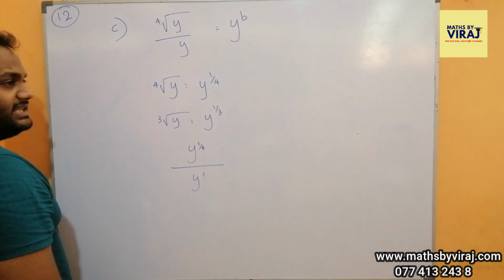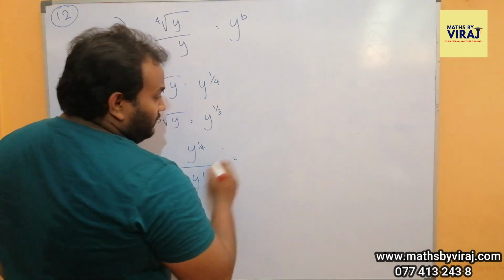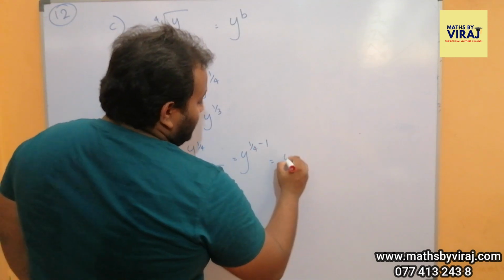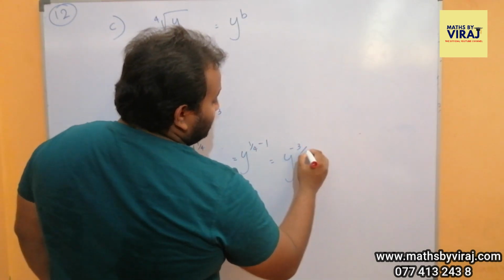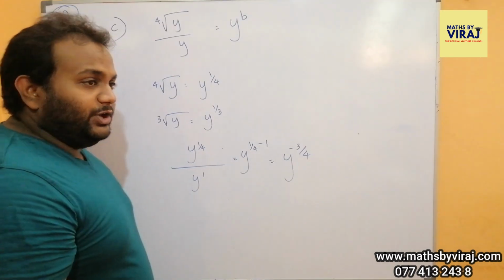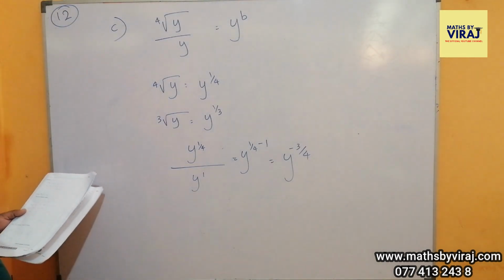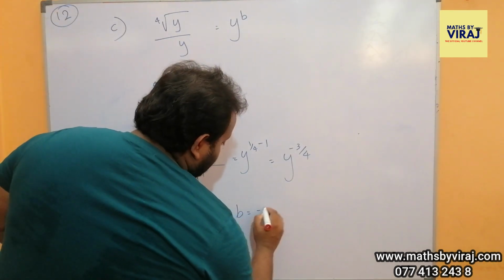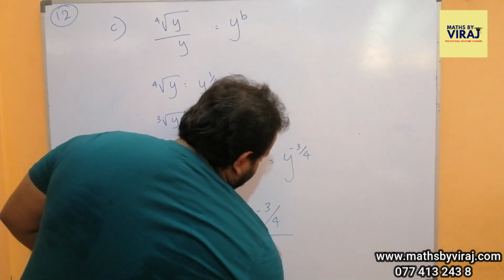If the bases are the same and it is division, what can we do? We subtract the powers, which is y to the power minus 3 over 4. Therefore, the answer of B is minus 3 over 4.